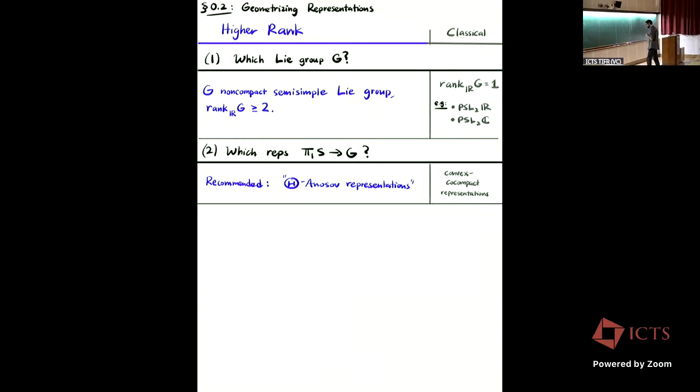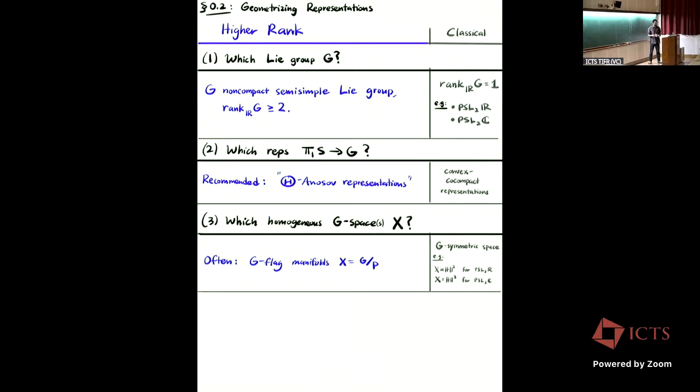Moreover, the Anosov condition implies discrete and faithful, but it's much stronger than that. And third, you can think about the Anosov condition as being characterized by the representation having really strong singular value gaps. You recall the singular values are like the eigenvalues, but not exactly. So eigenvalues of A times A transpose.